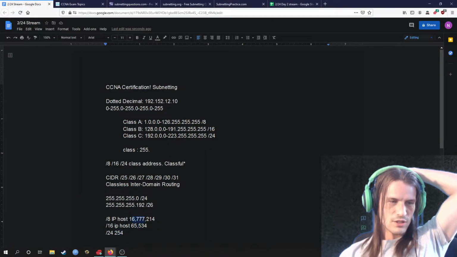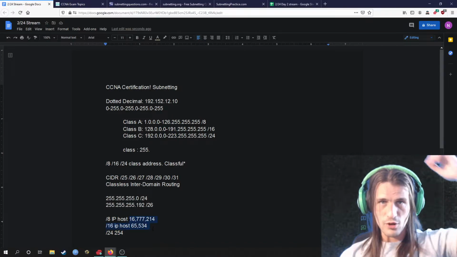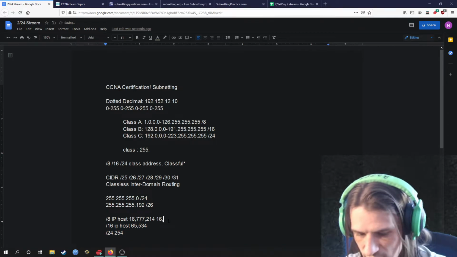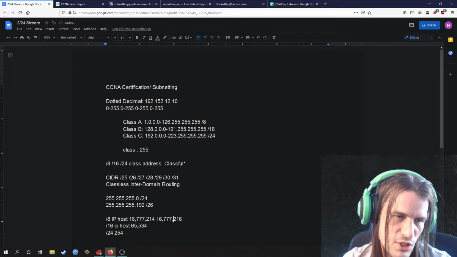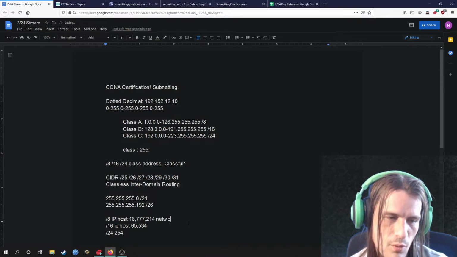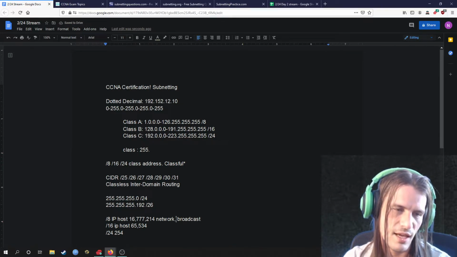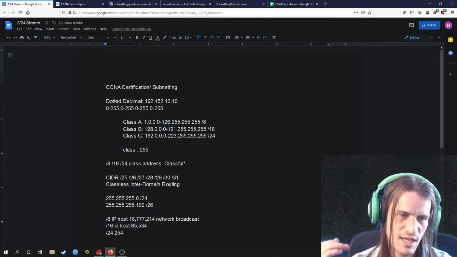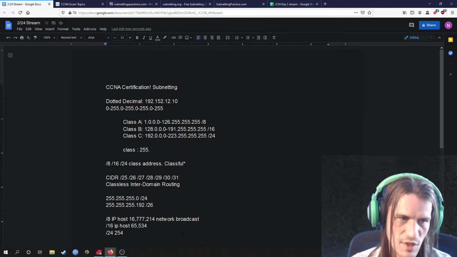These are all 2 less than the actual power, because these are available hosts. So for the /8 there's actually 16,777,216 IPs, but 2 of these are the network and the broadcast IP address within that subnet. Every subnet has a network address and a broadcast address, and they are the first address and the last address within that subnet.